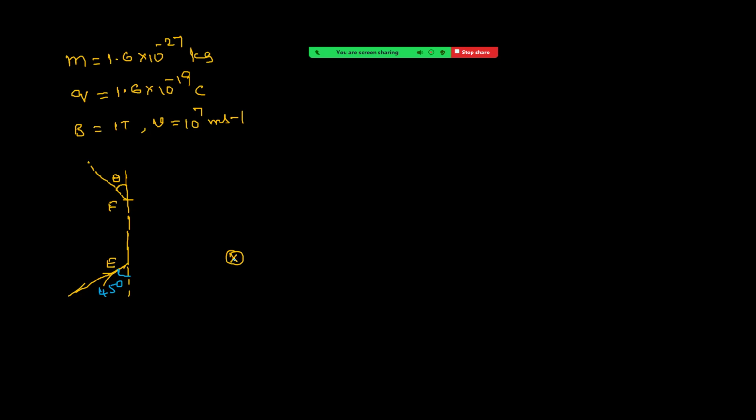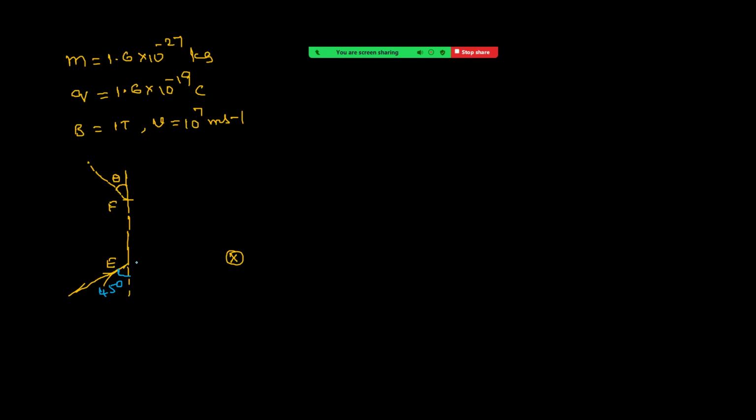Field is normal to board plane, and here motion is in the board plane. See carefully. Motion of the particle is confined to the board plane. So velocity is in the board plane, but field is normal to the board plane. So between V bar and B bar, angle is 90. It is not 45. If angle is 90, path will be a circle. This is what we have learned, right?